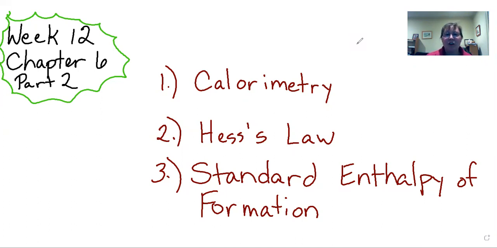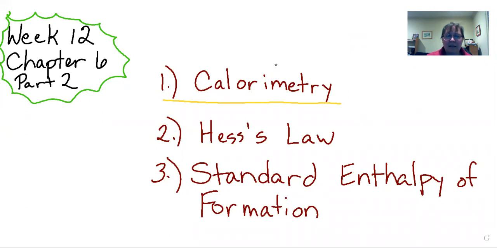Okay, so this week we're going to be looking at calorimetry, Hess's law, and standard enthalpies of formation. Calorimetry, our first one here, is all about measuring heat. It's one way that you would figure out, say, how many calories are in a food.